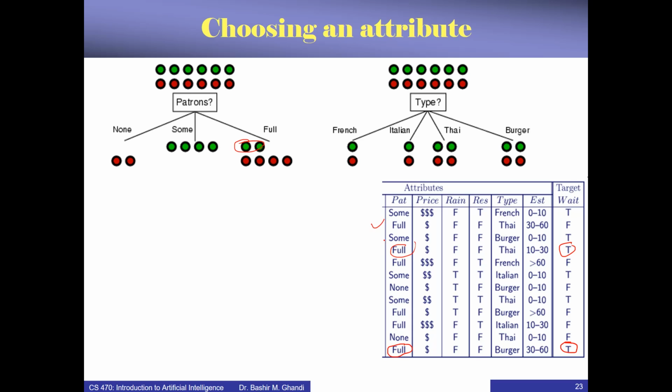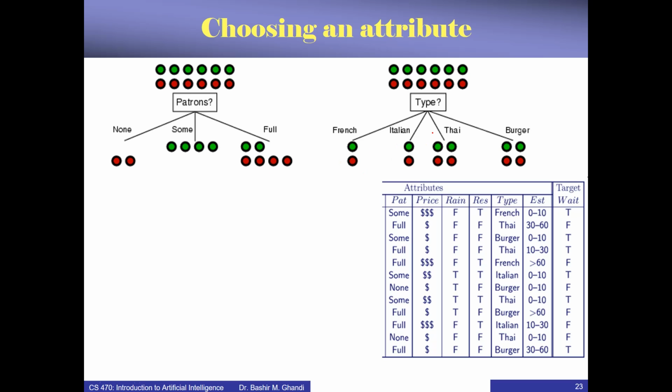But there are four other fulls, 1, 2, 3, 4, and their output are all false. Therefore, in this case, we cannot have a leaf node, because we still have examples that are a mixture of true and false. So we have to do another splitting based on another attribute. This is basically what the algorithm suggests.